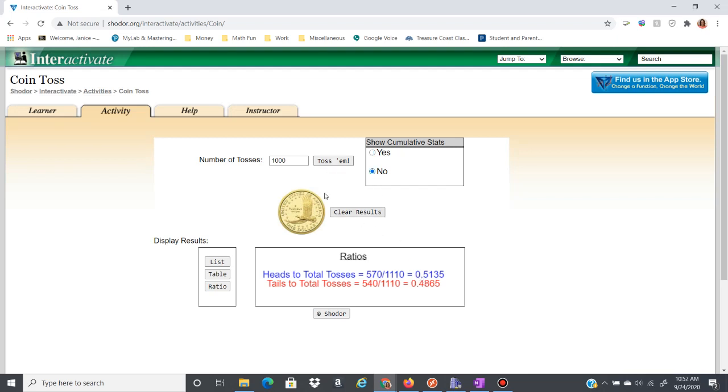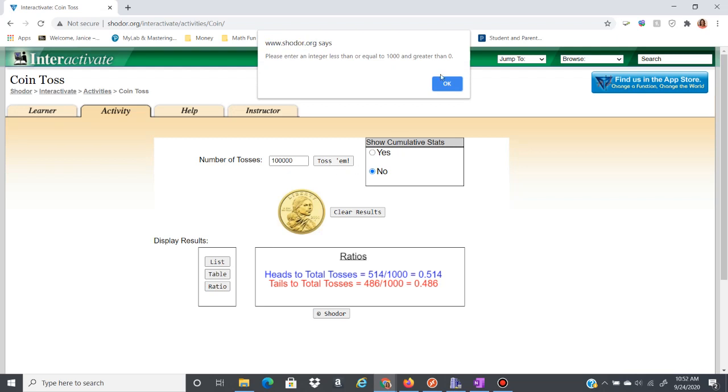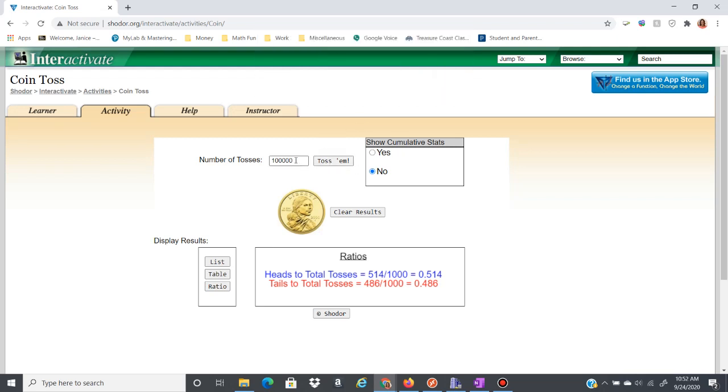Oh, cumulative stats. There we go. Let's do 100,000 times. This might take a minute. Oh, 1,000 is the most that we can do. Okay, so 1,000 is the most that this actual one could do. But that will be the law of large numbers.